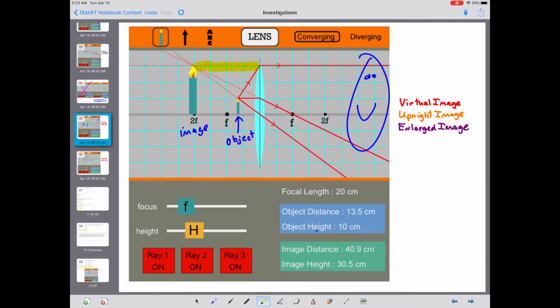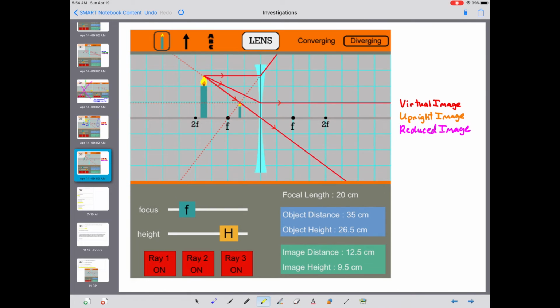This is a projection of where your mind would be following these rays back, and the light does not actually travel there. Okay, that's why it is a virtual image. All the other ones, we followed those rays of light to where they came together and they actually intersected to be able to form that image.